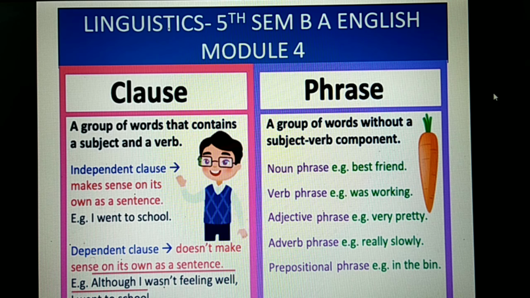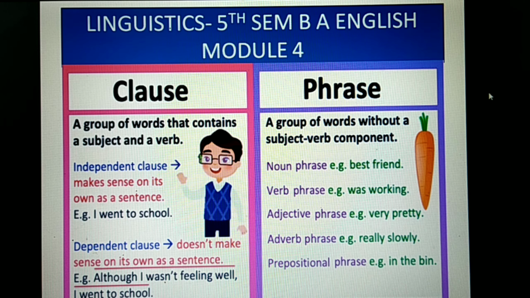Although I wasn't feeling well, I went to school. Look at that. I went to school is the independent clause and it is complete on its own. But although I wasn't feeling well doesn't give us a complete idea.